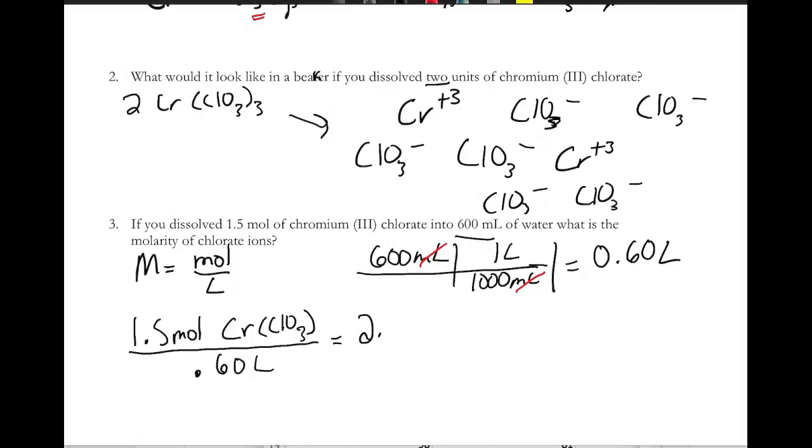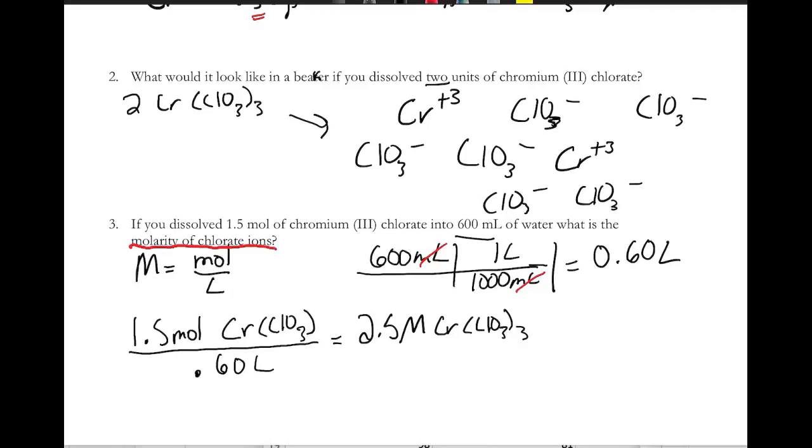And that's going to be 2.5 molar for chromium 3 chlorate. And that means that there's 2.5 moles for every 1 liter. But if we look, that's not what the question is asking us. It is asking us the molarity of chlorate ions. So we need to go a step further.